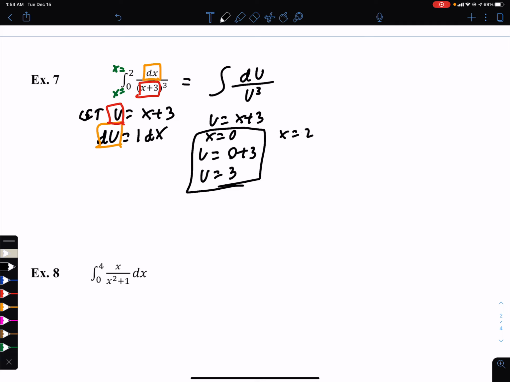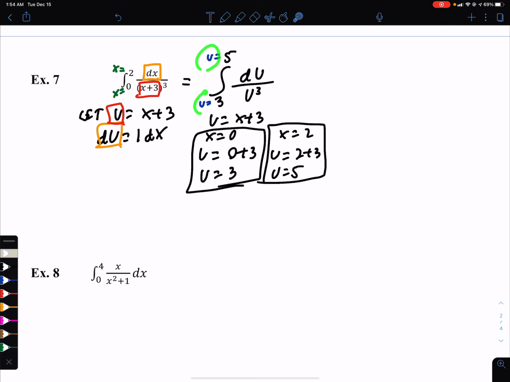So when x equals 2, u is 2 plus 3, u is 5. So the 0 becomes 3 and the 2 becomes 5 because you're replacing these x's now with u's. So on the bottom it's going to be 3 and the top is going to be 5. And again, that's because u equals that.